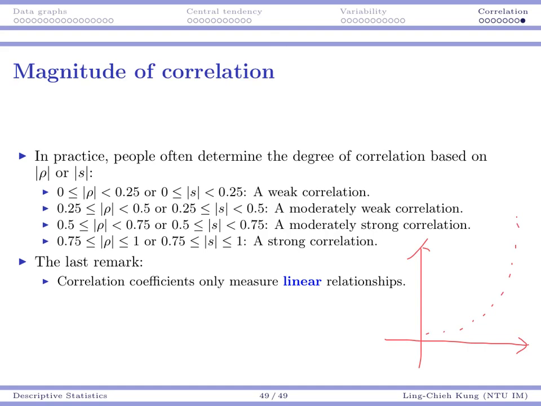But if you try to measure its correlation, it may not be so strong because we are trying to fit all these data points with a single line. If the line cannot perfectly fit these data points, then the correlation coefficient will be weak.